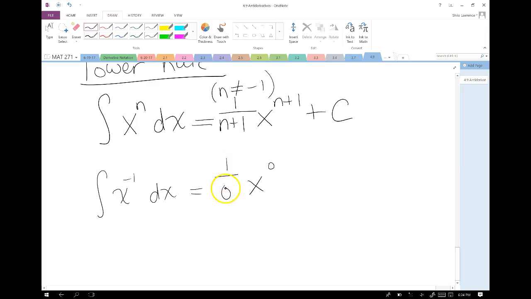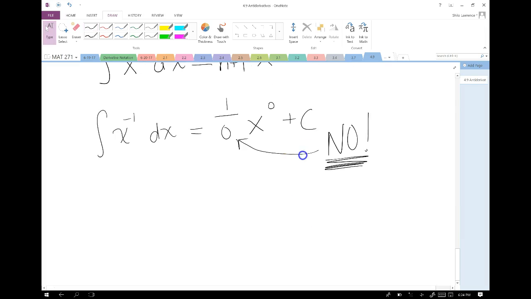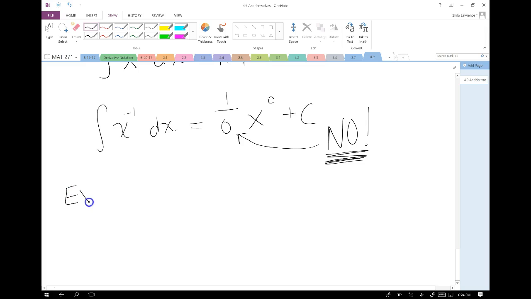You cannot put 0 in the denominator. That fraction is undefined. So nope, we cannot do this. So that is why this rule does not work for n equals -1. We can do it for every other power, including fractions and negatives. We just cannot do it for -1. We're going to have a separate rule for -1. So let's look at some examples where it does work.